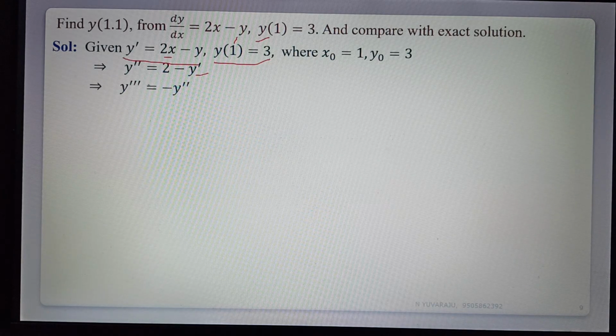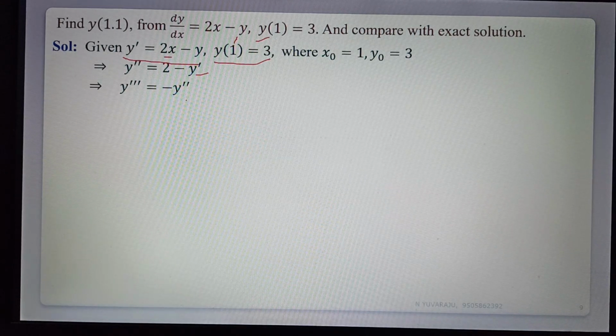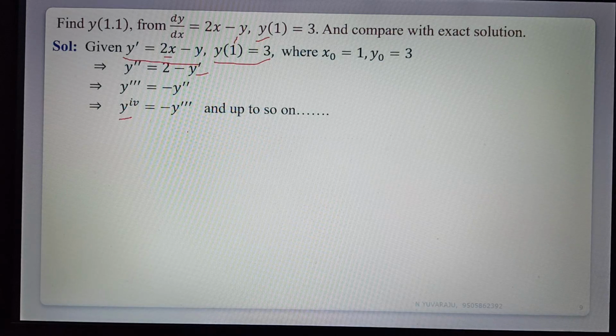So next, third derivative y triple dash is equal to 2 constant derivative 0, minus y dash derivative y double dash. So next, fourth derivative is equal to minus y triple dash. So we can find up to infinity, but there is no particular limit here in the Taylor series. We can find up to second, third, fourth; fourth is enough.